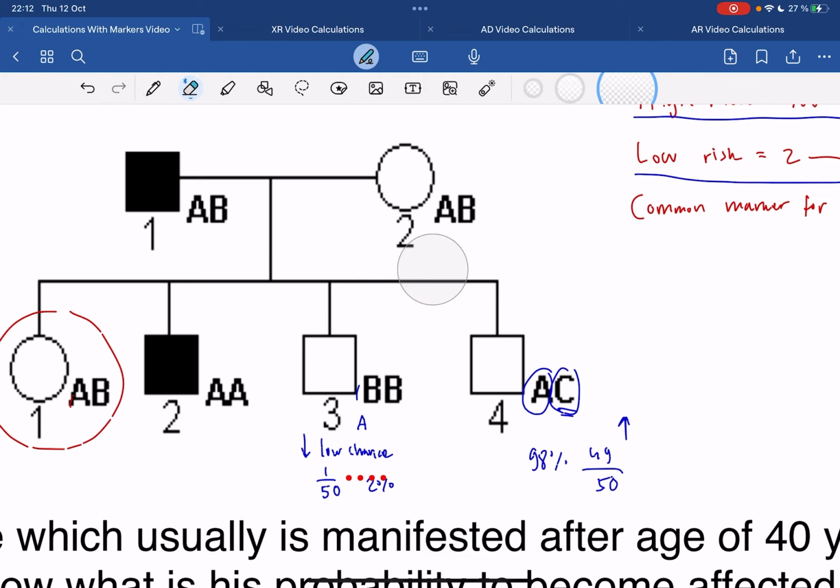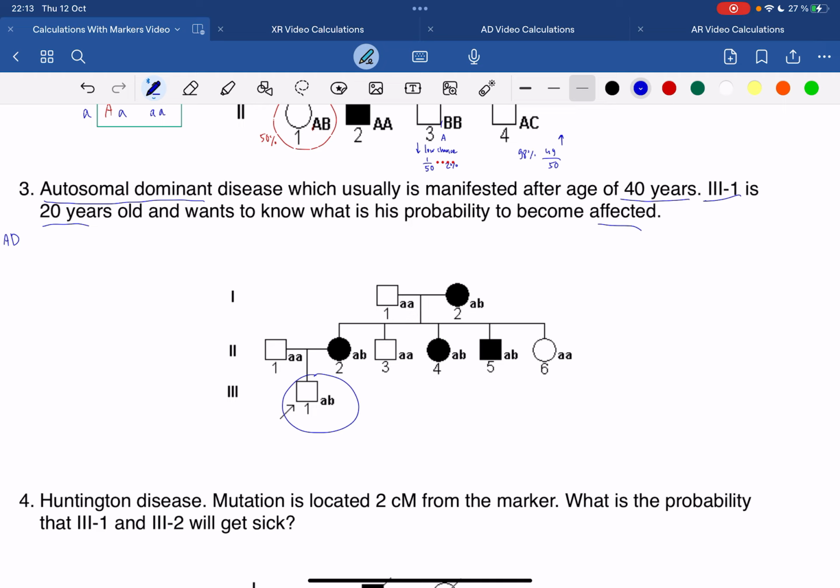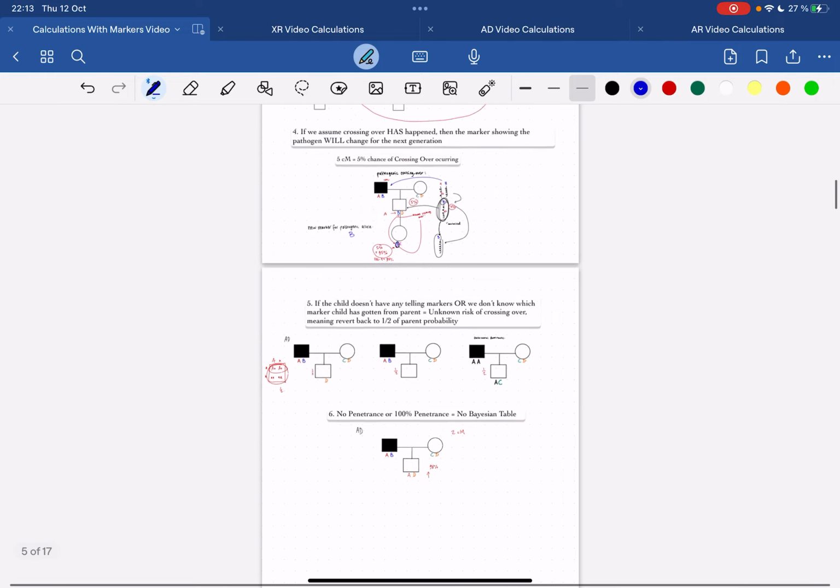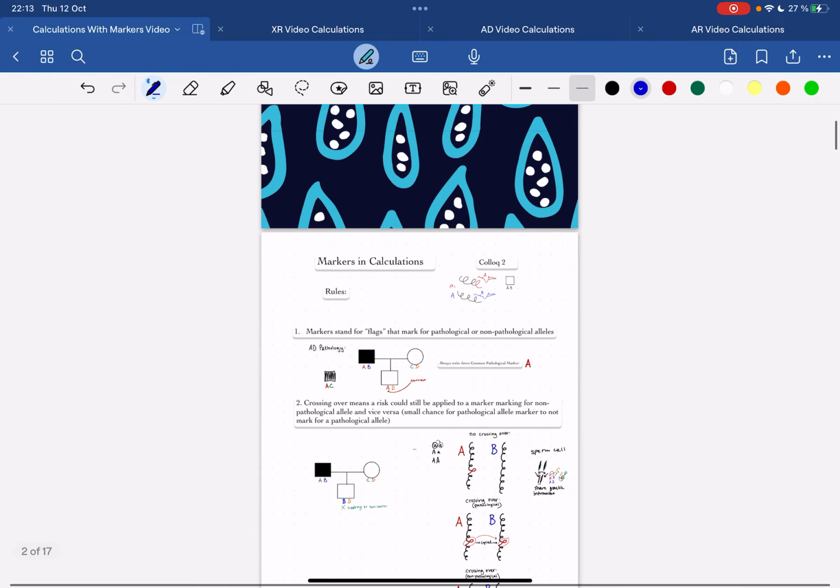Now for the markers, let's start with high versus low risk. Actually, we don't have any centimorgans mentioned here. There's no cM mentioned, meaning that we're not using any markers.